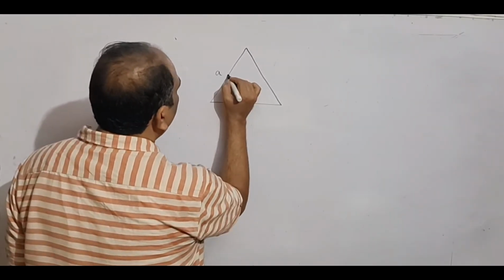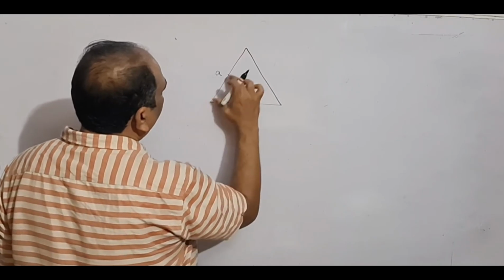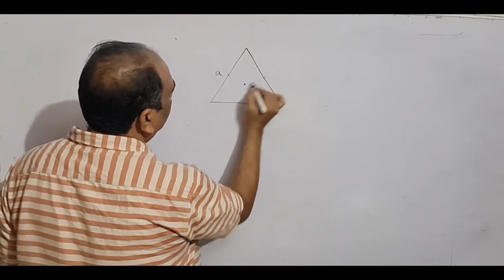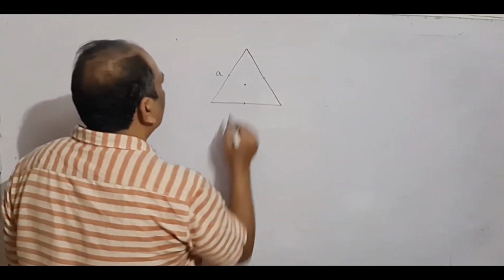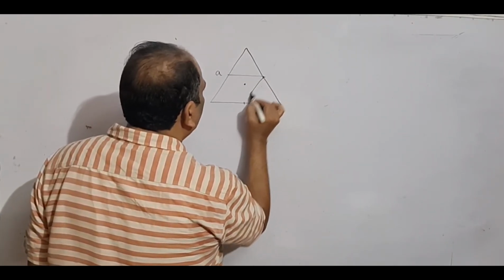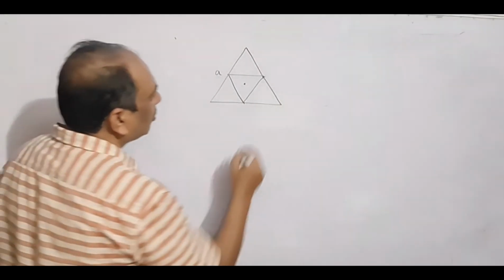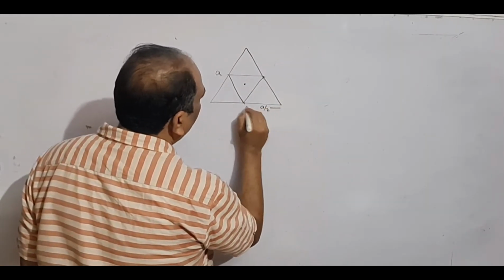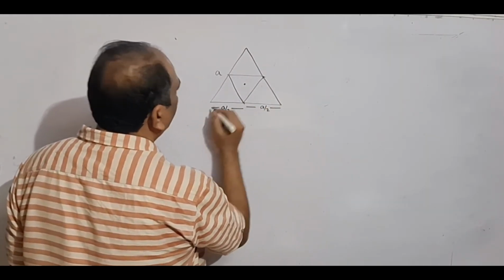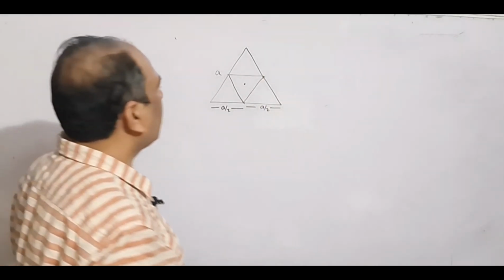For that, divide this into two parts, a by 2 each, similarly this and this, and then join these points. So now we have 4 subtriangles of side a by 2, and each triangle is an equilateral triangle.